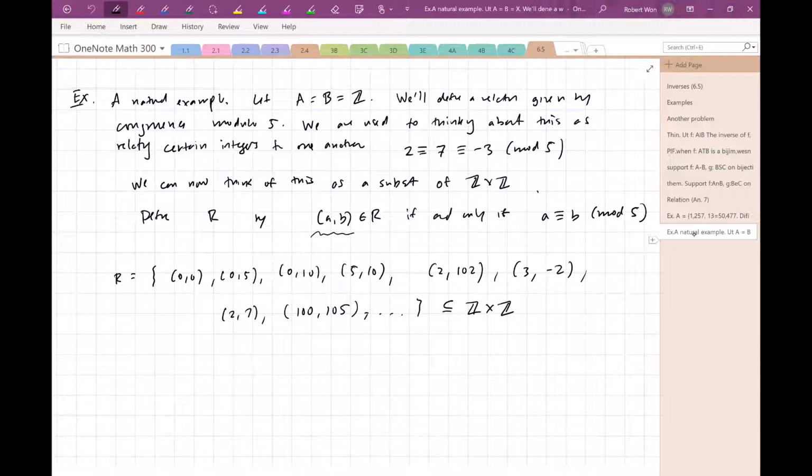The subset of the Cartesian product given by the relation was all pairs of integers that were in the same equivalence class modulo 5. So I was relating every single integer to every other integer in its congruence class. So 0 is related to 0 and 5 and 10 and 15 and 20 and -5 and -10 and -100. You can think of this as some huge subset of the Cartesian product.